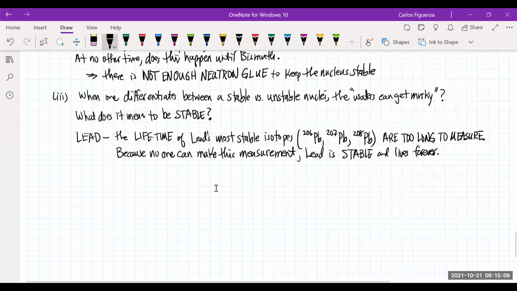So if you focus on bismuth, it turns out one can measure the lifetime of bismuth.